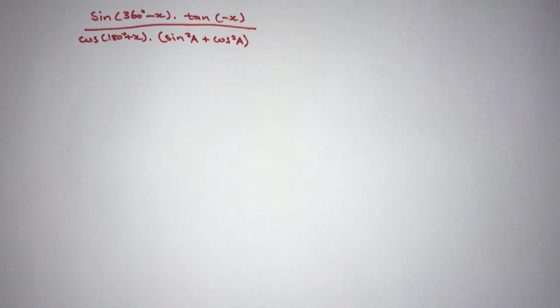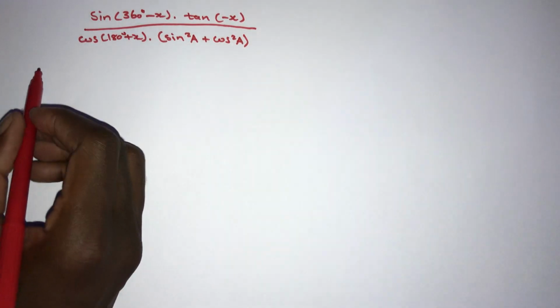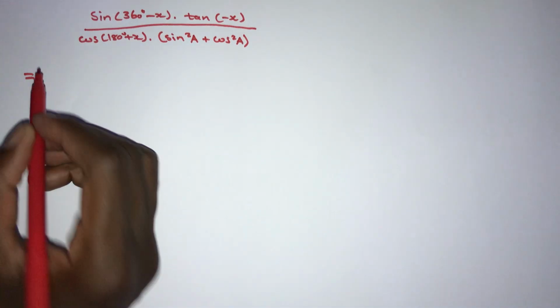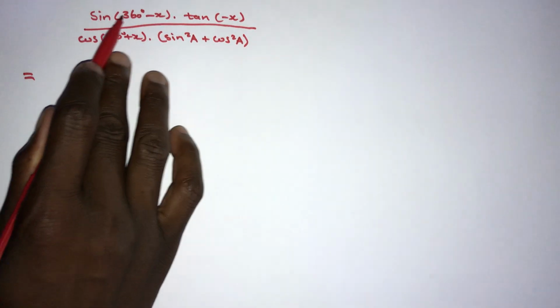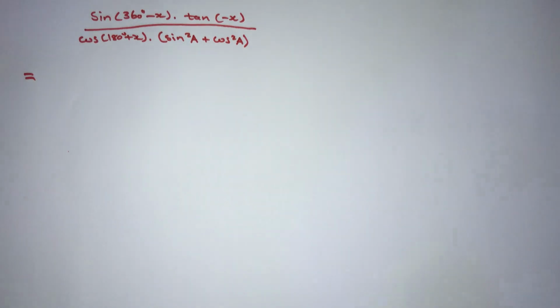Simplify the expression. You can pause the video and try it out. Now we have sine of 360 minus x multiplied by tan negative x, over cos of 180 plus x, multiplied by sine squared a plus cos squared a. So let's try this one. We have the sine of 360 minus x. 360 is on cos.